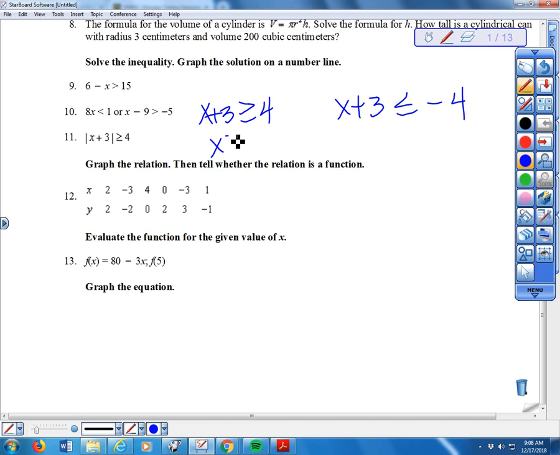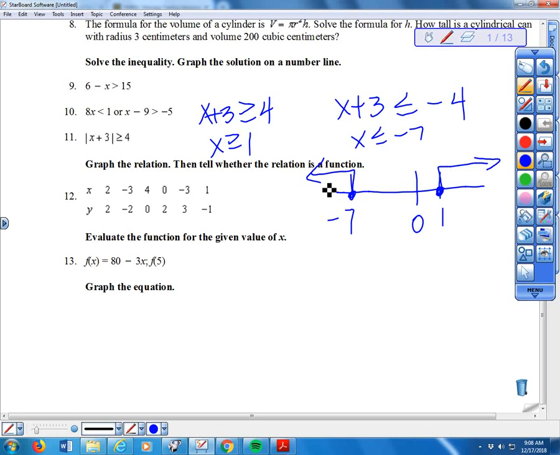So x is greater than or equal to 1. Or here, x is less than or equal to negative 7. On a number line, if it's greater than or equal to, it's going to be solid. Less than or equal to, solid.